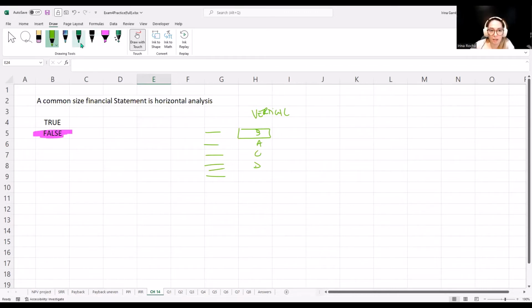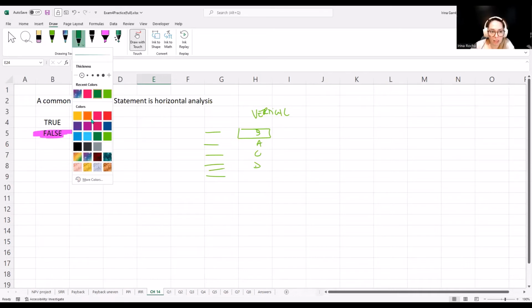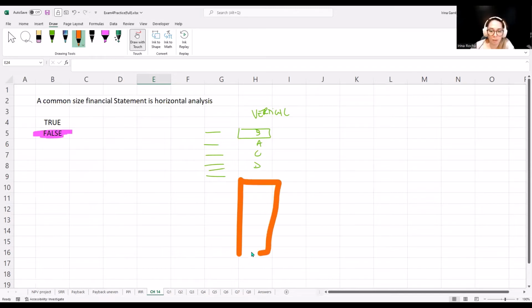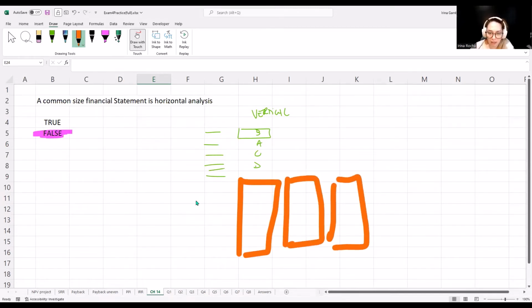We say the horizontal one is the one that we call trend, and it's called horizontal because we are comparing different years. So you have your income statement of year one, of year two, of year three, like a horizontal line, and you're dividing this result by year one.